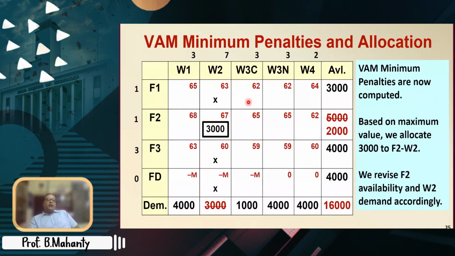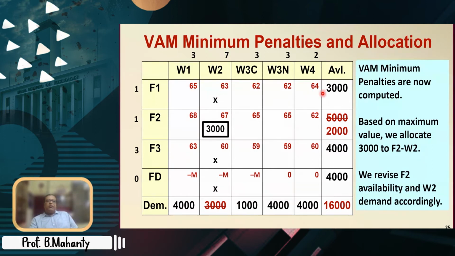This will also give a quick revision of the penalties. Initially, I have not allocated these 3,000, so this cross and these values are not there. Let us compute the penalty. In this row, please note the minimum penalties, if you have not understood. This is a maximization problem, so this is the best possible square in this row, and the next best possible unit profit is 64.